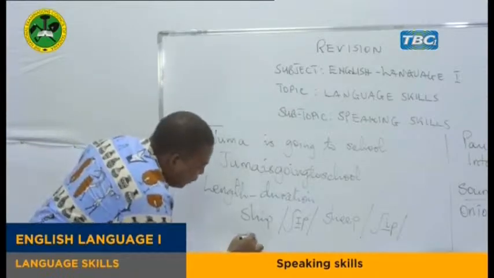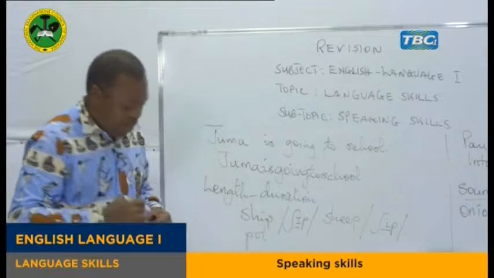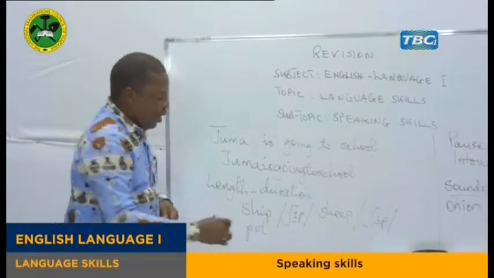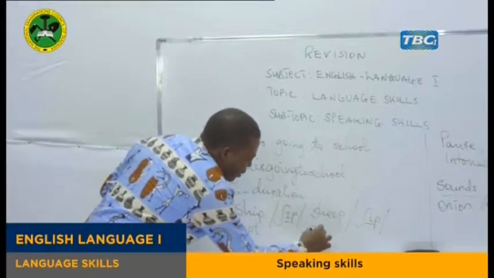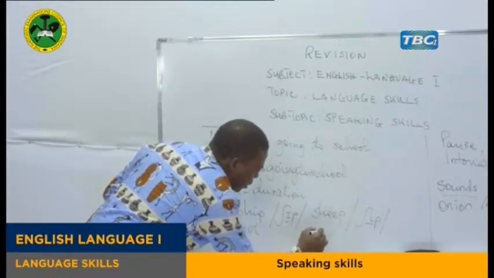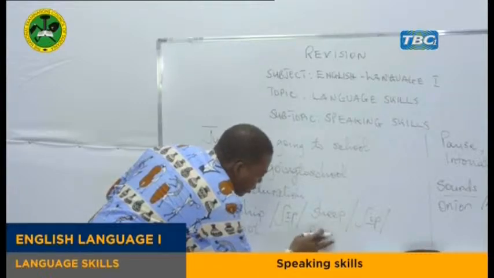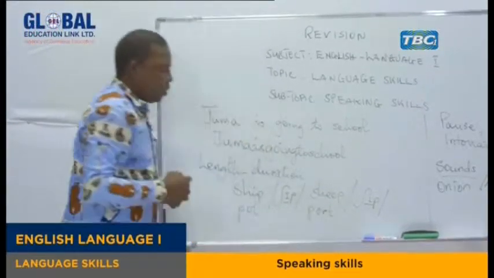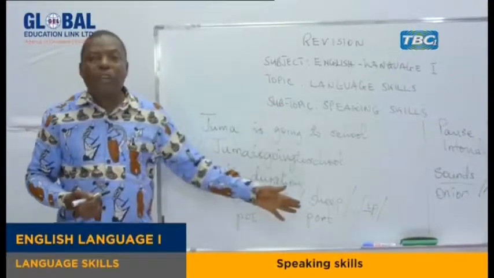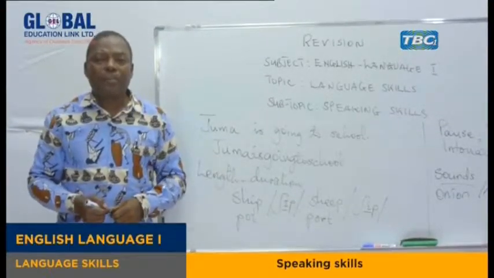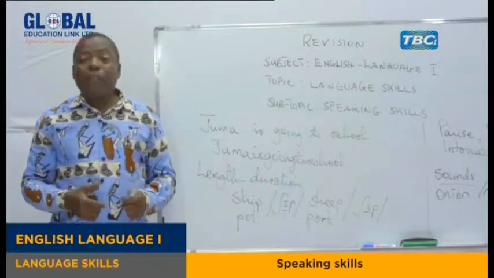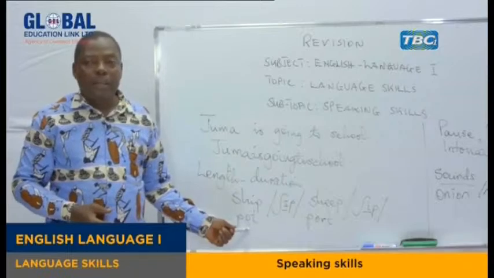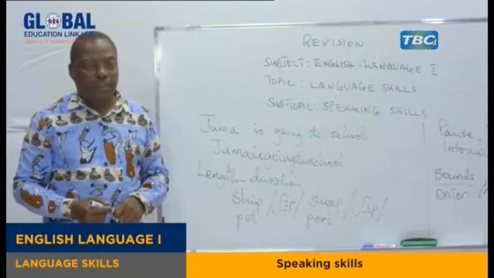Another example you can have is this word, pot. And look at this other word. How do you differentiate the two when you are speaking? You can only differentiate the two by observing the time you spend in producing these sounds.